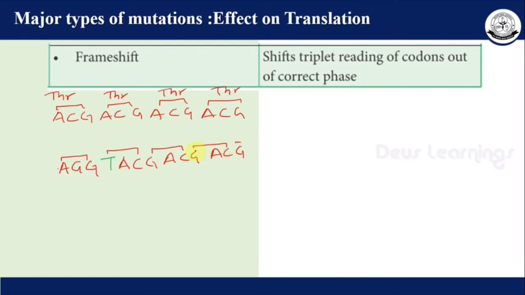So because of the change, this will be threonine, fine, but the rest will be changing, and the whole amino acid sequence will change. That will be known as frame shift mutation.